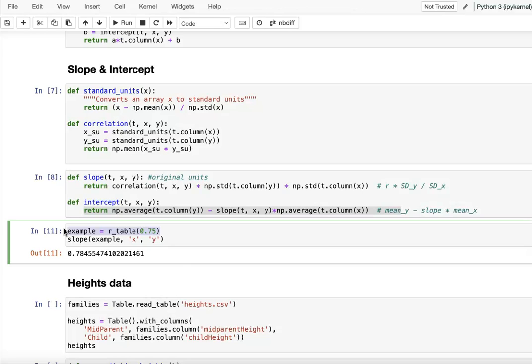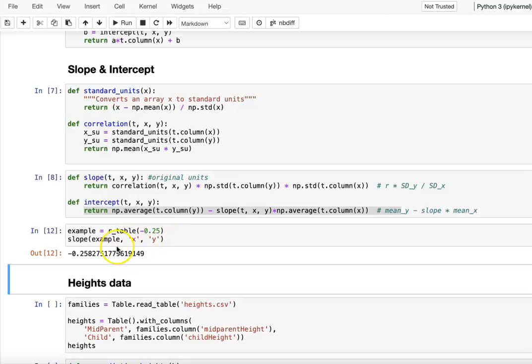From this scatter plot, we plug back into our slope function, and you get a slope that is very close to your R value. If you're interested, you can try more, and we can also try a negative value. You can see they are very close but not exactly the same.